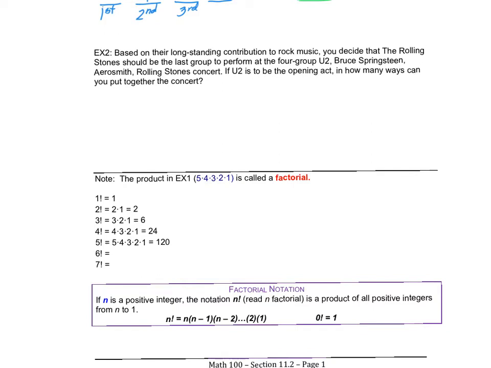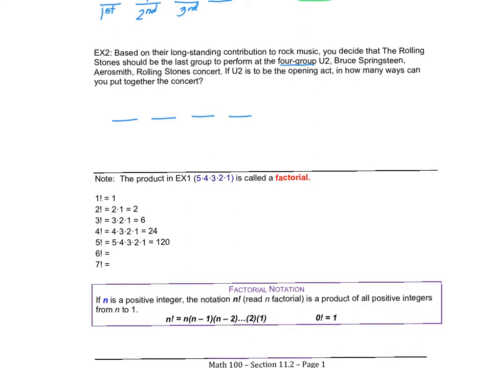Okay, so as I read through this, I see that I have 4 groups, or 4 performances. So order matters here in the concert. 1, 2, 3, 4. This is a permutation where I'm taking these 4 groups and I'm looking at how many ways I can rearrange them so I can make a schedule.